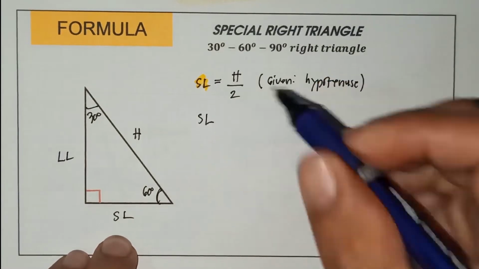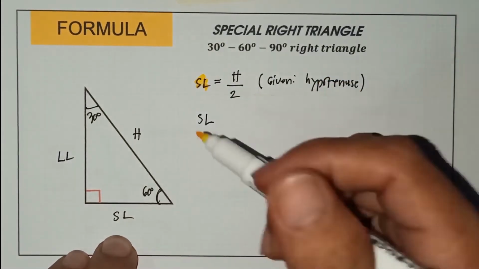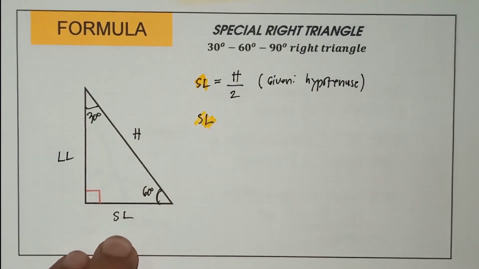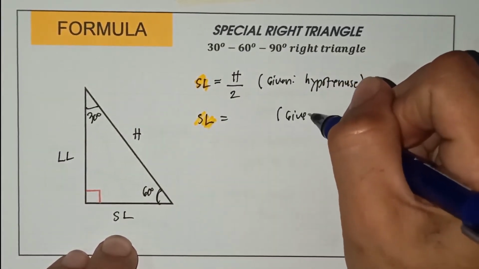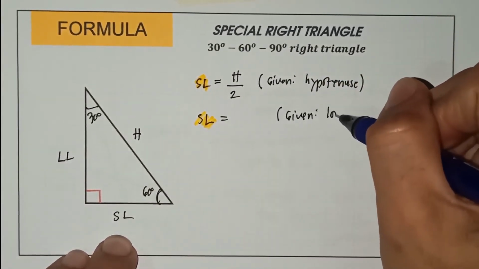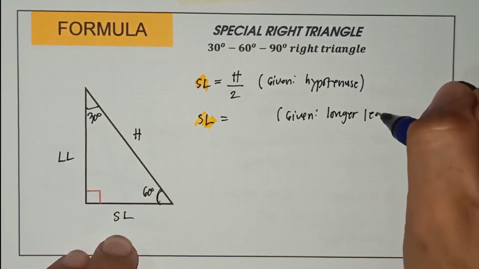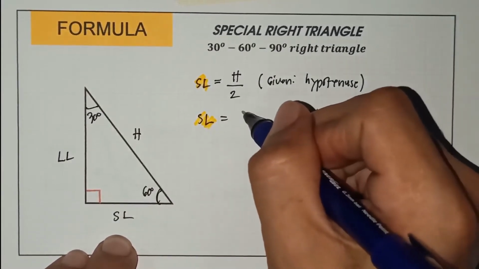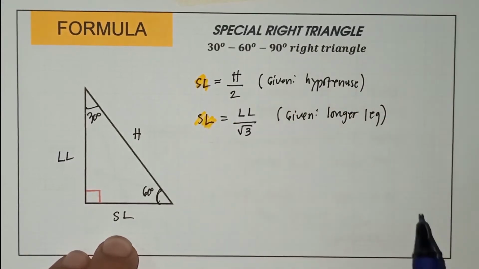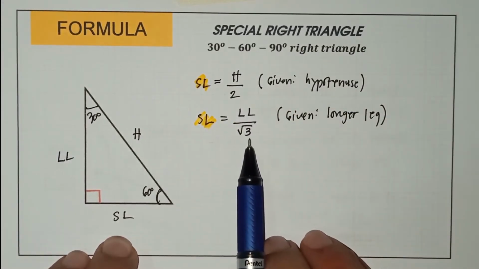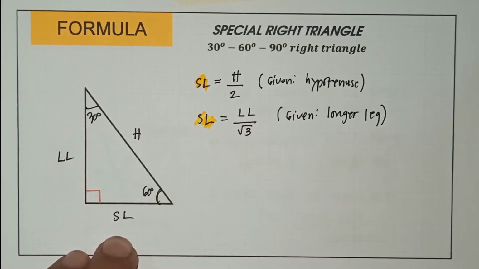In another case, to get the shorter leg when the given is the longer leg, divide it by square root of 3. Later on, we will learn how to simplify a fraction when there is a radical in the denominator.